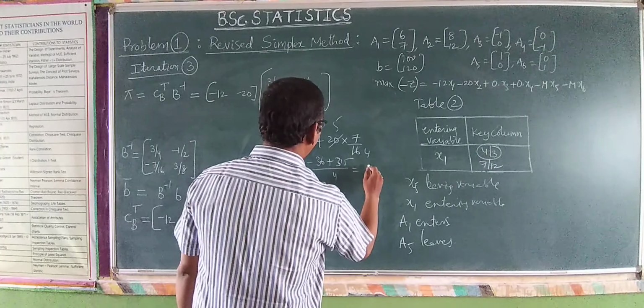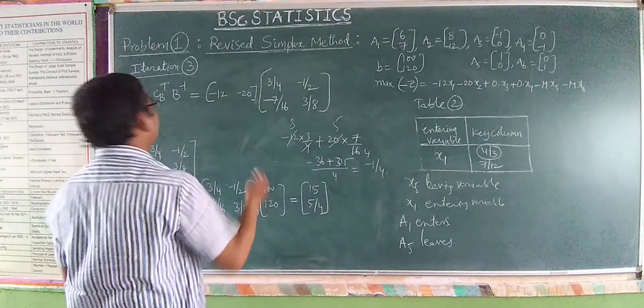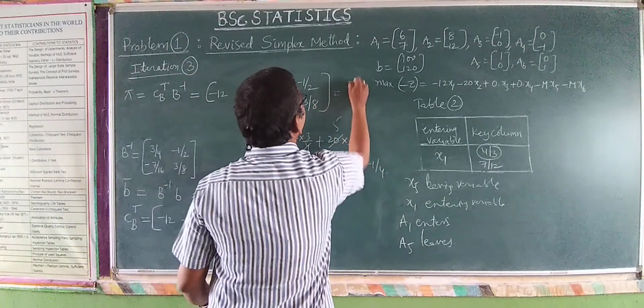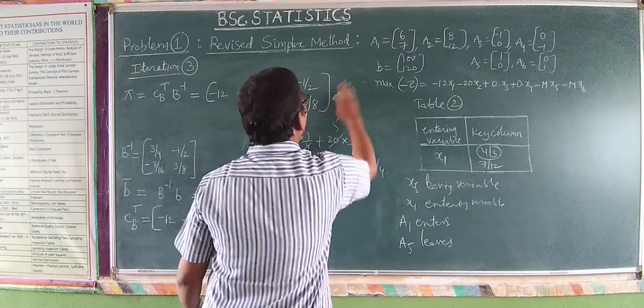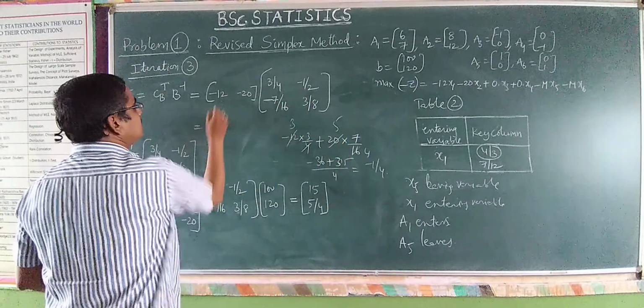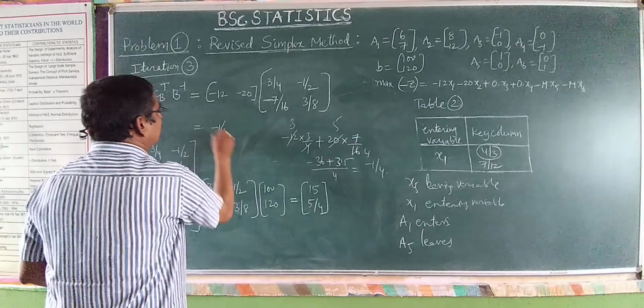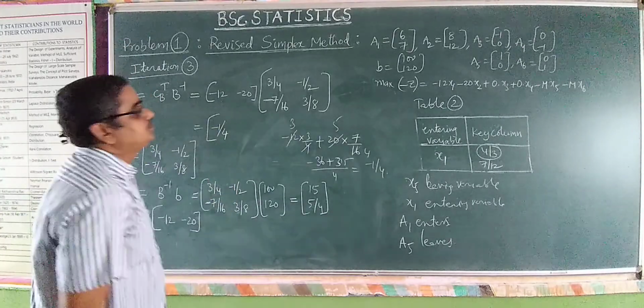Hence it is minus 1 by 4. Because it is a row, the first value is minus 1 by 4.